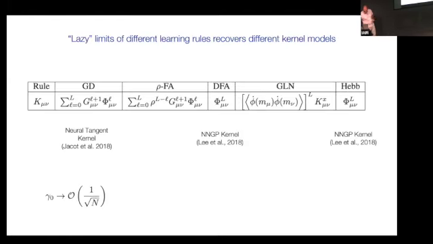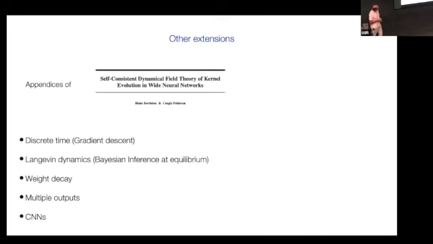I'll skip this one. I just described one particular version. If you go to the appendices of this paper, you will find extensions to discrete time, Langevin dynamics, meaning I add a bit of Gaussian noise to gradient flow, weight decay, multiple outputs, CNNs, and all these limits can be constructed.